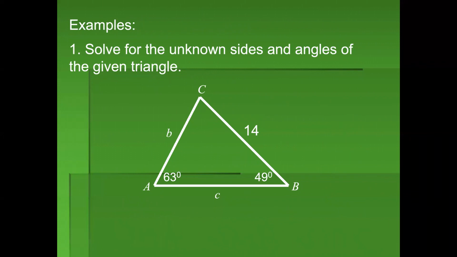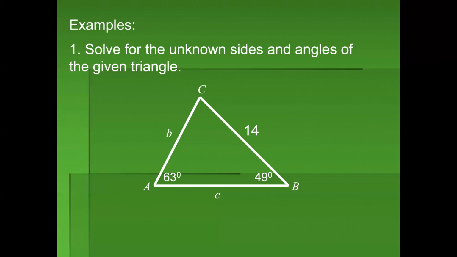The easiest thing that we can solve here is the angle first. We are already given two angles, A and B, and we need to solve for angle C. We all know that the sum of the angles of a triangle is always 180 degrees. So in order to solve for C, we will just add angles A and B, and then subtract it from 180.